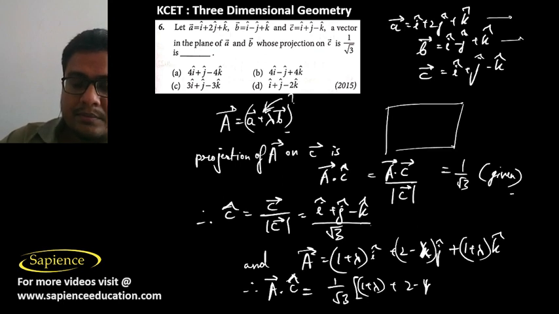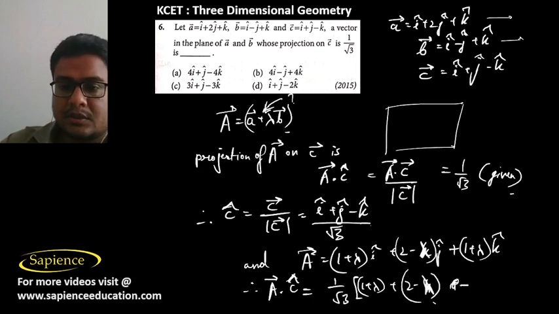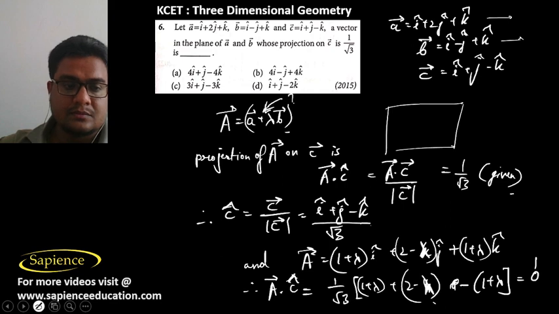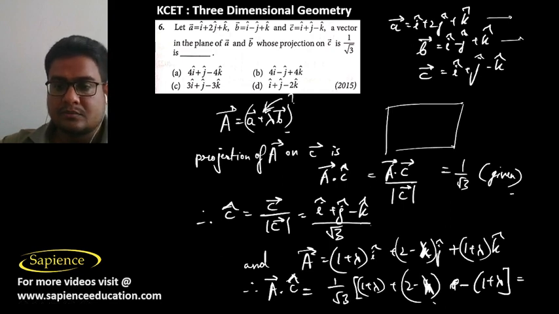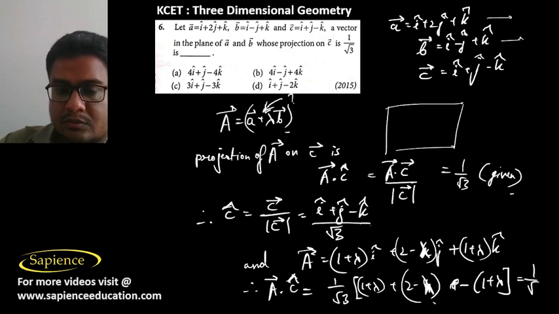A dot C cap, 2 minus lambda, then plus minus of 1 plus lambda should be equal to 1 by root 3.